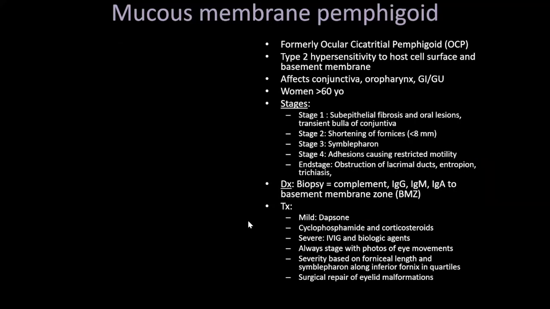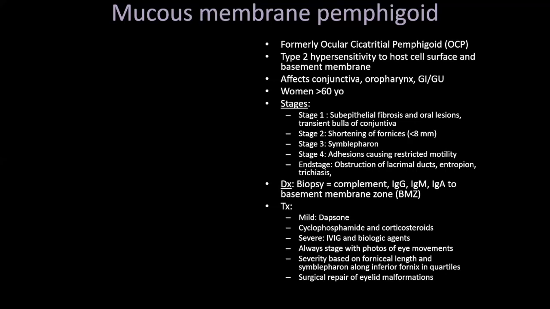Now, a cousin of SJS is mucous membrane pemphigoid. It used to be called OCP, ocular cicatricial pemphigoid, but we have deemed it necessary to change the name to mucous membrane pemphigoid.